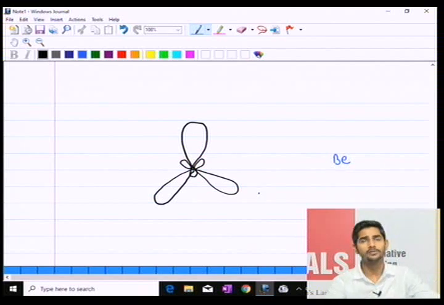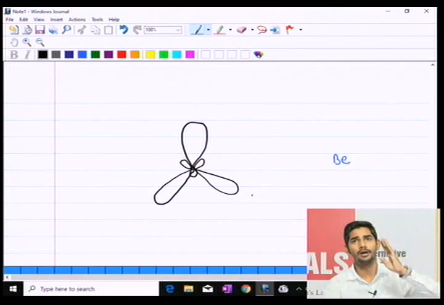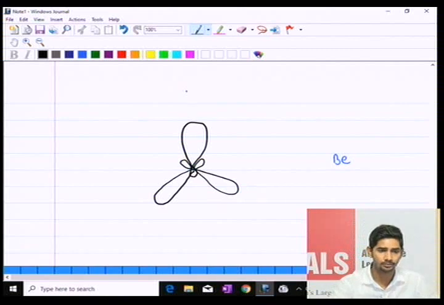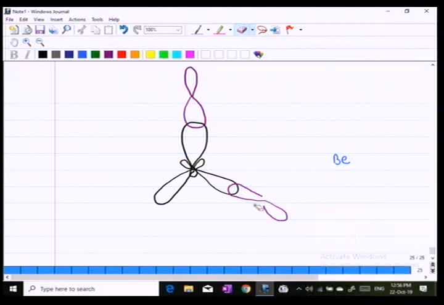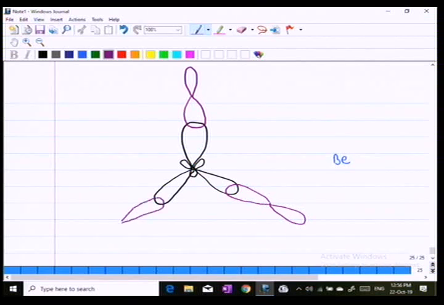Now, there was the BeCl3, so I'll use the outermost orbital of the chlorine. So look at this. One chlorine, two chlorine and 3 chlorine.